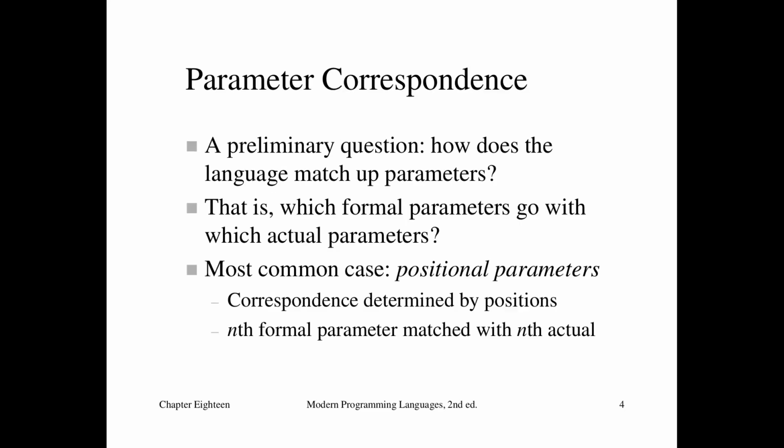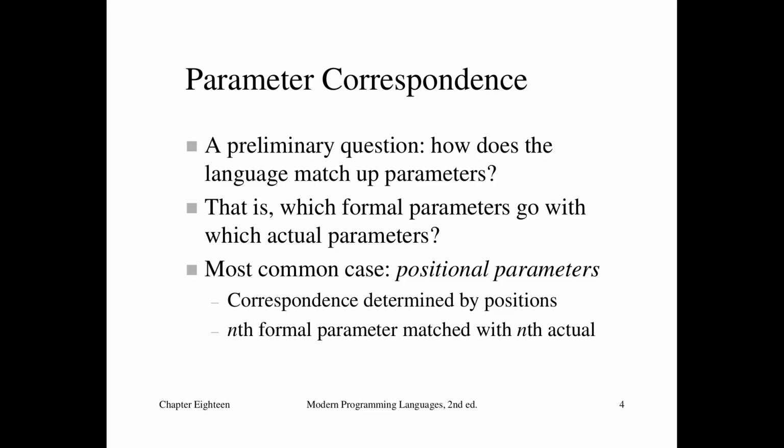So parameter correspondence, right? It's basically the question, as it says here, is how does the language match up parameters? So if I have a method call with all of its actual parameters, how do I connect those to the formal parameters defined within the actual method definition itself?